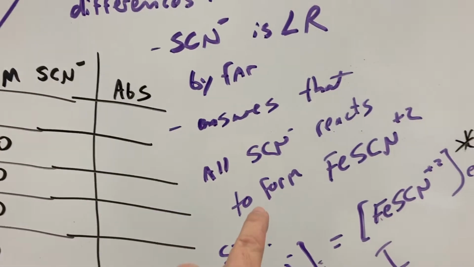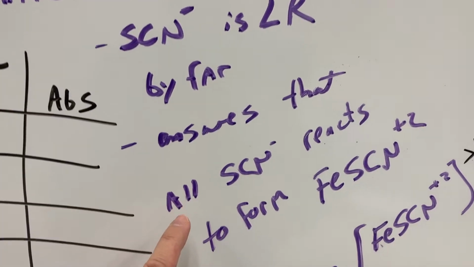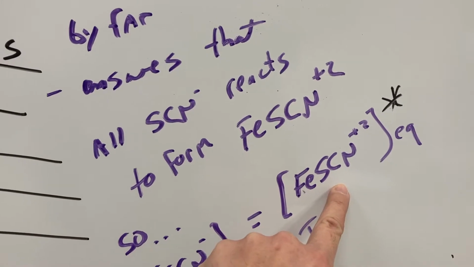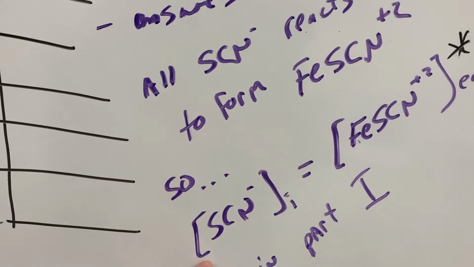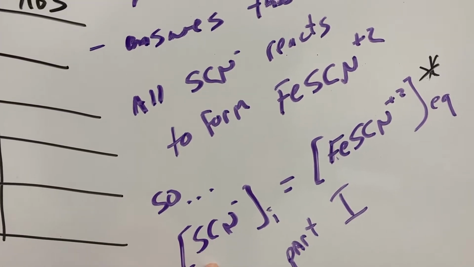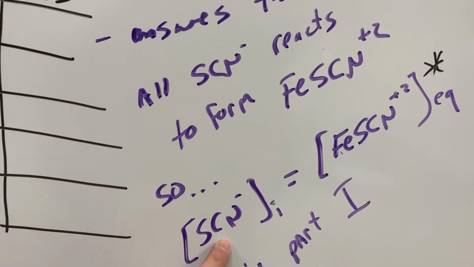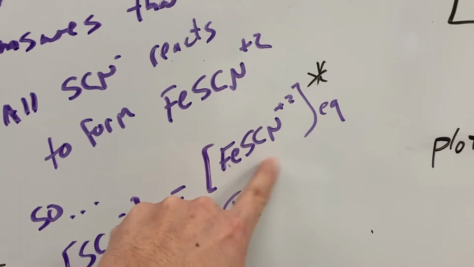So the reason why we want to make sure that's completely consumed is so that we can then assume that whatever concentration of the complex ion product forms is based from using up all of the limiting reactant ion, the SCN. And because we know the molarities, if this is known, then this can be known as well.